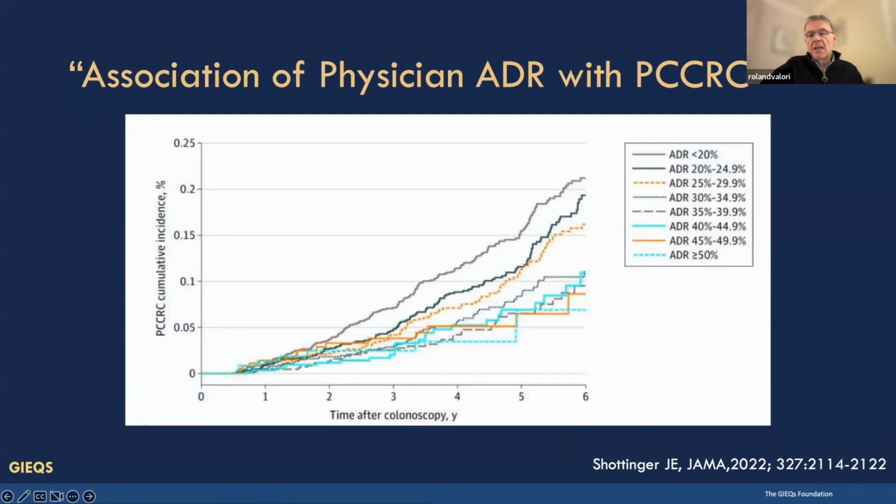And these are likely to be mostly missed precursor lesions. We've seen this in our own studies. We've looked 6 to 10 years out from colonoscopy, and we see a continuing rise in the appearance of cancer. And this is very likely due, in most cases, to inadequate colonoscopy.